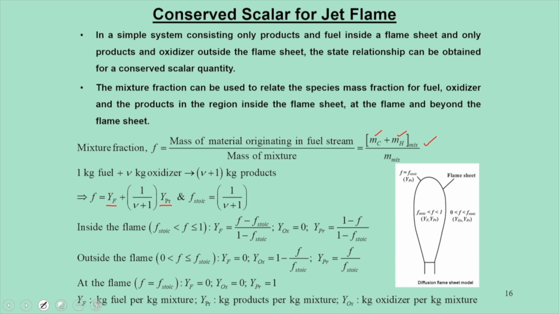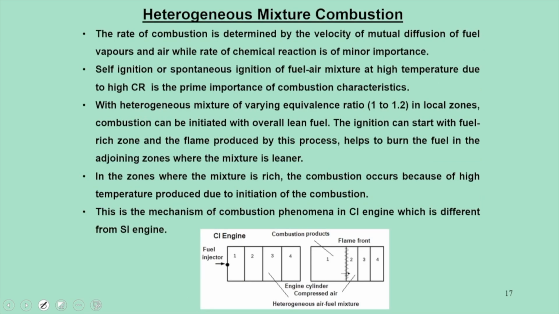normally when you solve a generic version of diffusion flame analysis, we solve this kind of equations which talk about what happens inside the flame, what happens outside the flame, and what happens on the flame surface. So this is all about diffusion flame characteristics and behavior.